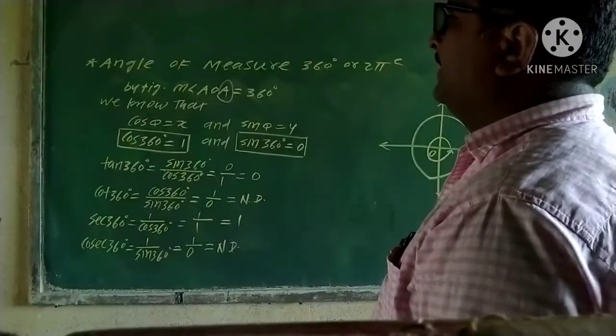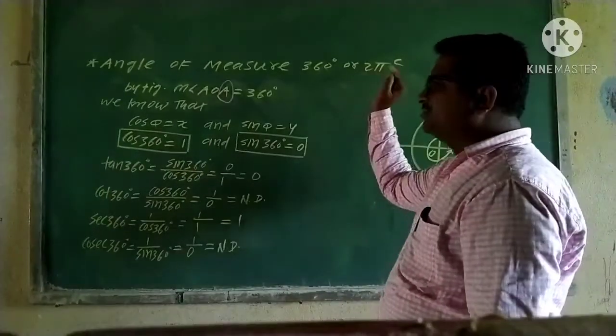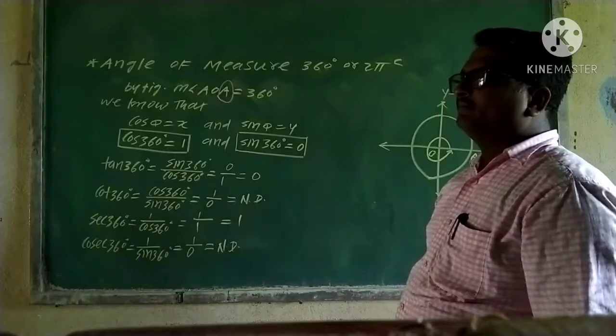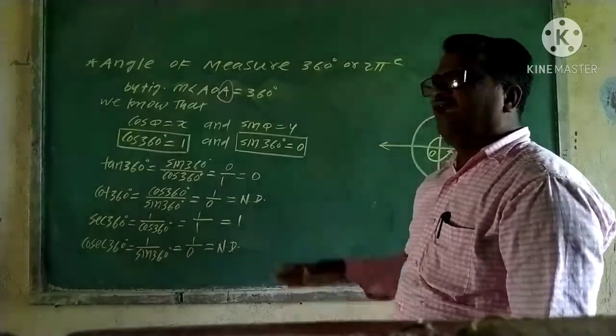Means angle of measure 0 degree and angle of measure 360 degrees are the same.